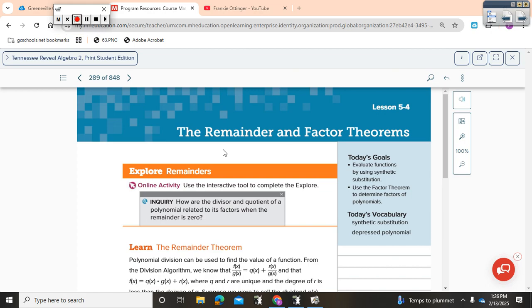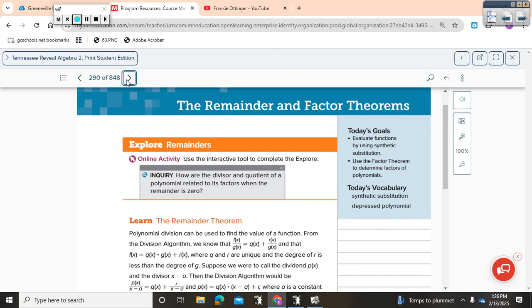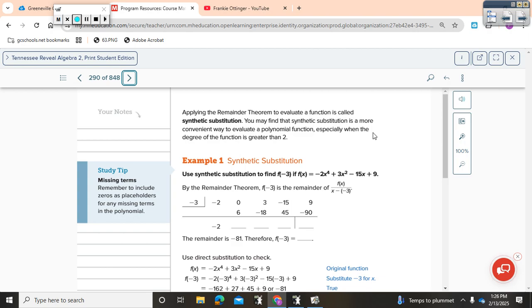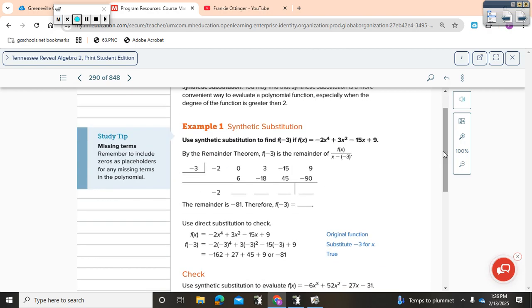Okay, so lesson 5.4 talks about remainder and factor theorems, and there is some complicated language down here, but basically we're going to do synthetic division again, and we're going to use synthetic division to find zeros, and we'll do most of that on Thursday, but a lot of this lesson is going to be a review of synthetic division now, which is good because you've already done synthetic division.